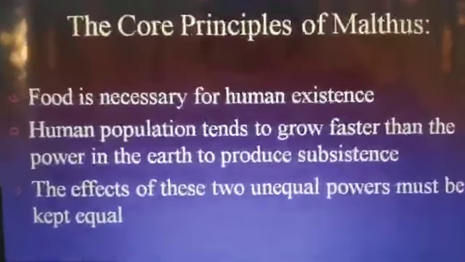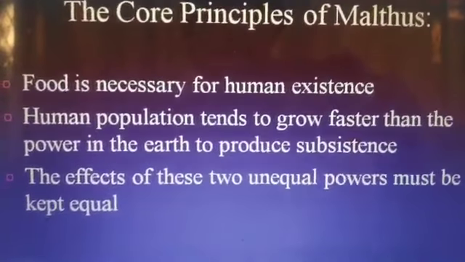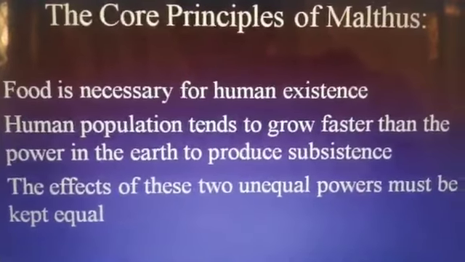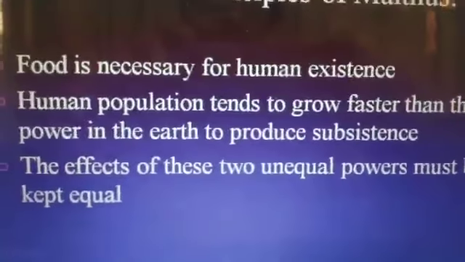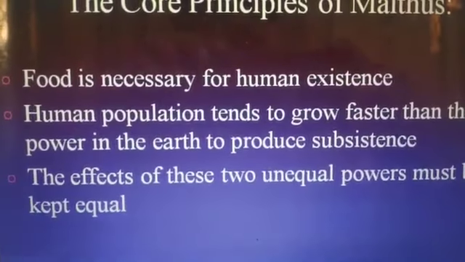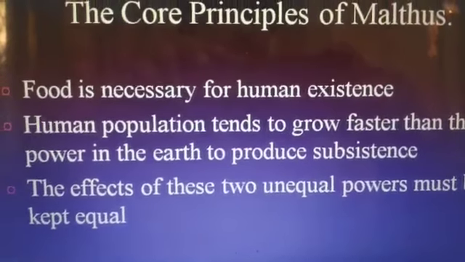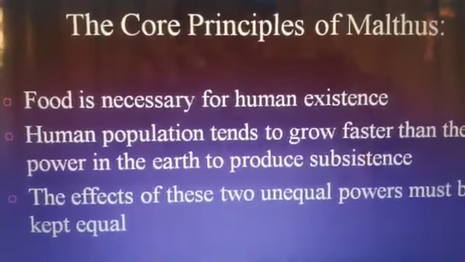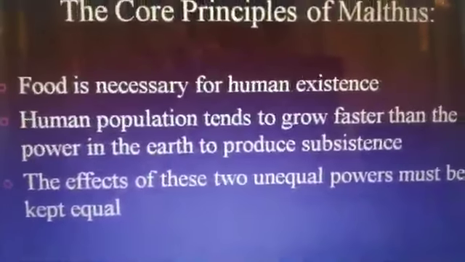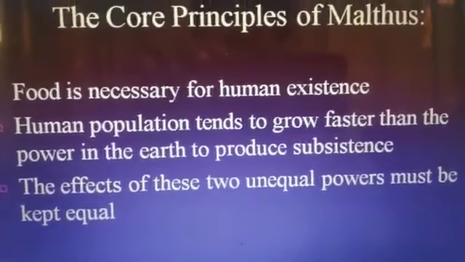So these basic core terminologies are very important. Everyone knows that food is necessary, and at the time Malthus was concerned about the growing population. So he said that human population tends to grow faster than the earth can produce subsistence. This is an alarming situation told by Malthus, and then he urged that the effects of these two unequal powers must be kept equal, and that is solution one.